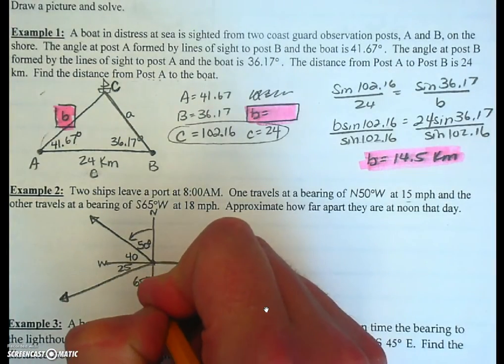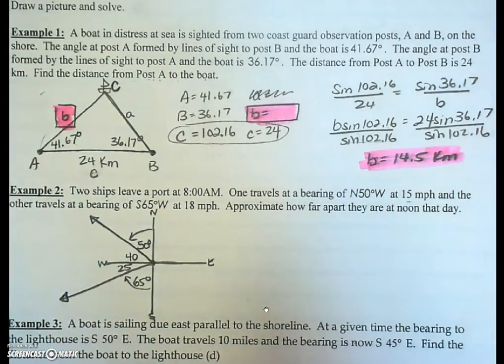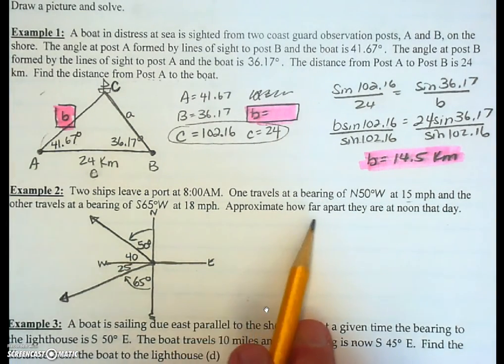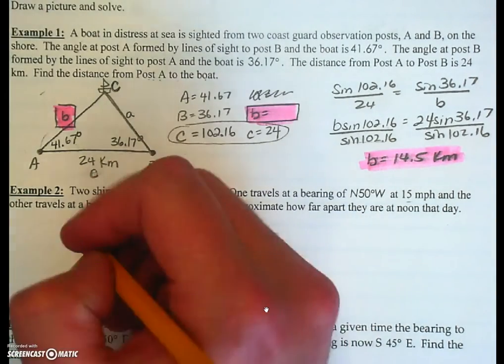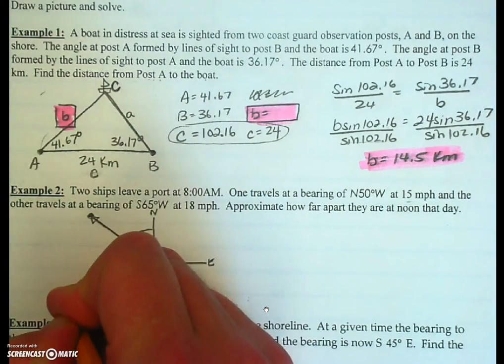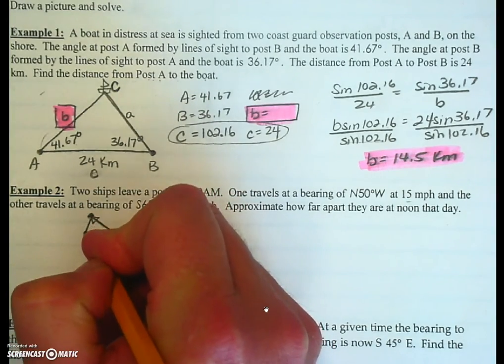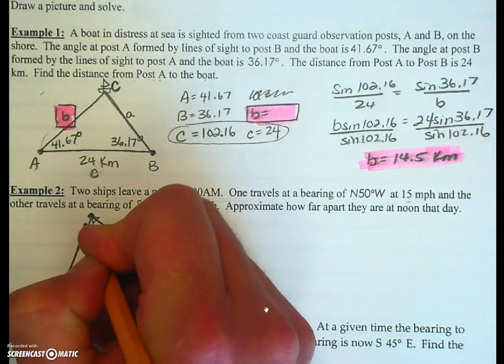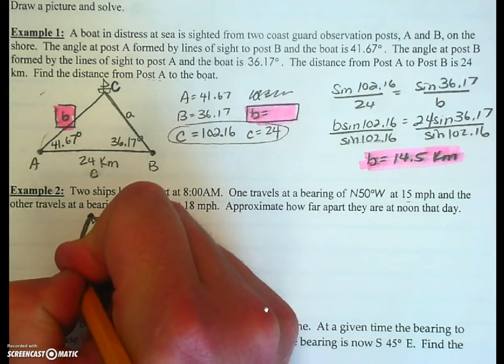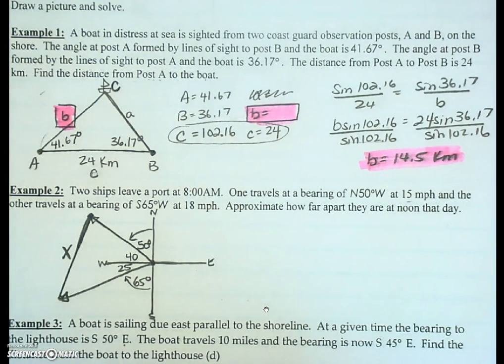Okay? There was my 65 degrees, there's 25 degrees. Now the question says, how far apart are the two ships? So here to here is what I am looking for. I'm just going to label that as X right now.